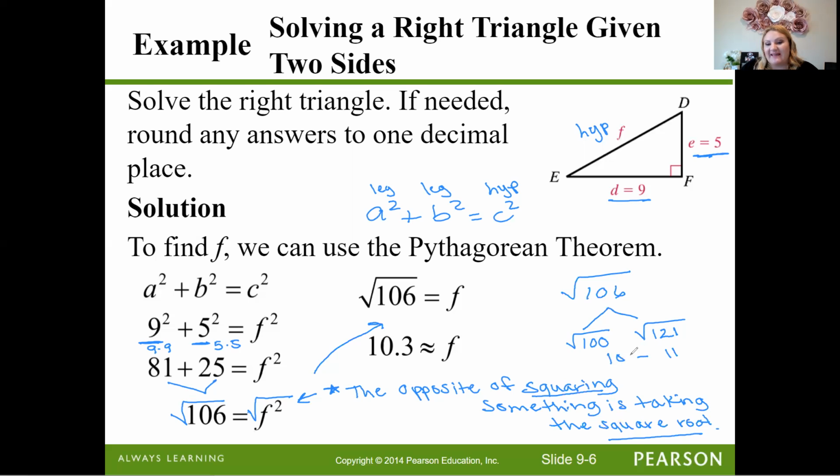So I know whatever my answer is going to be between 10 and 11. And if you do put that in the calculator, that's how they got the 10.3. Because with these, you are allowed to use the calculator. And it's best to definitely make sure that you estimate and approximate the decimal.